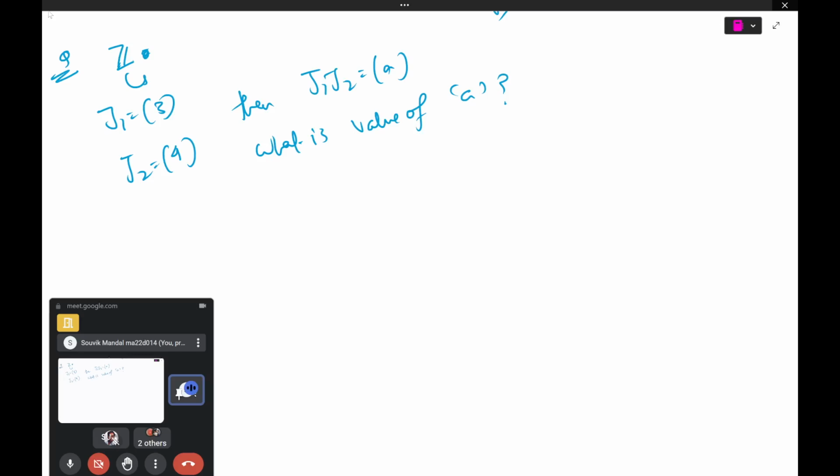So any guess what will be the value of small a?